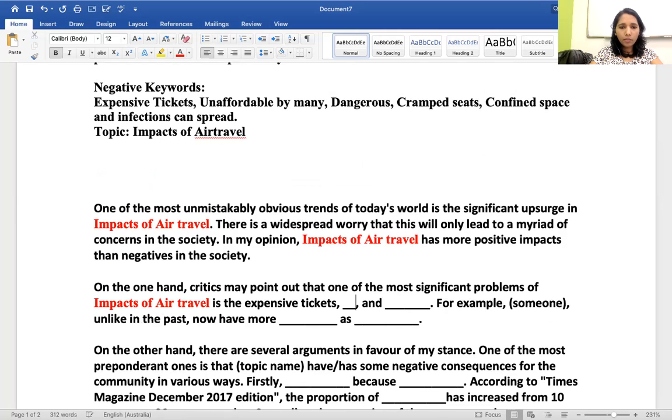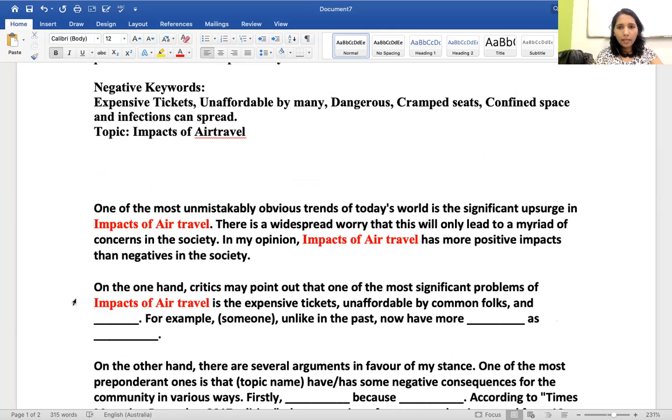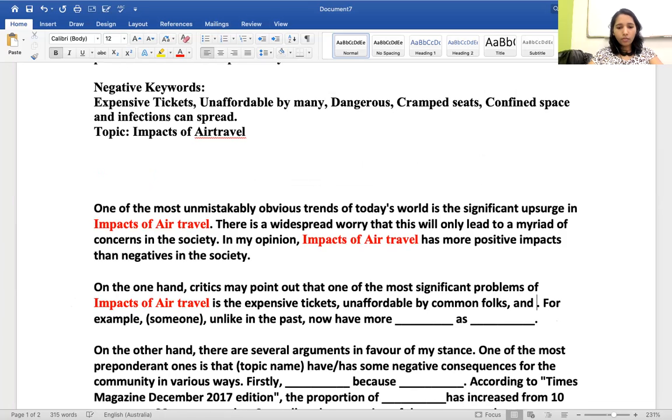Second, unaffordable by common folks, and dangerous travel, or dangerous mode of transport, and risky maybe. Then, for example, people.